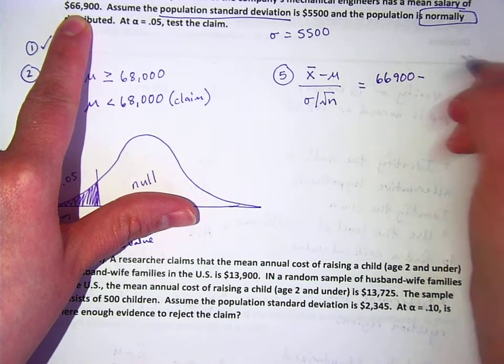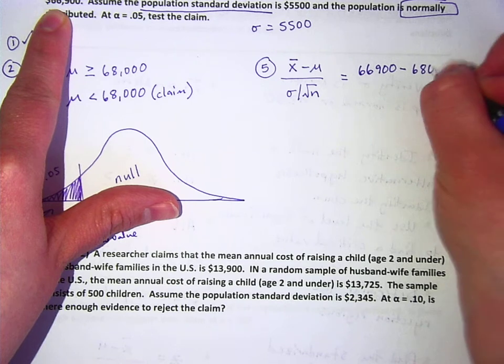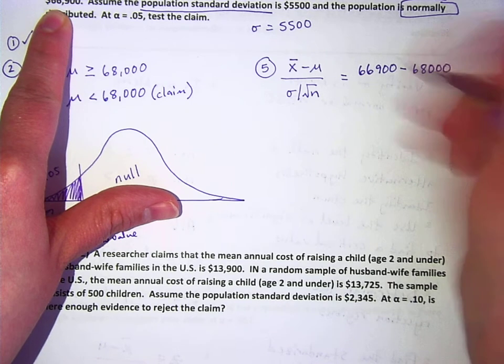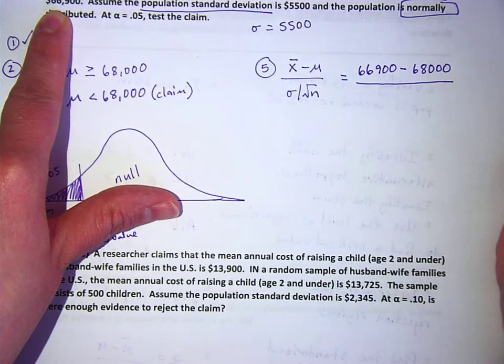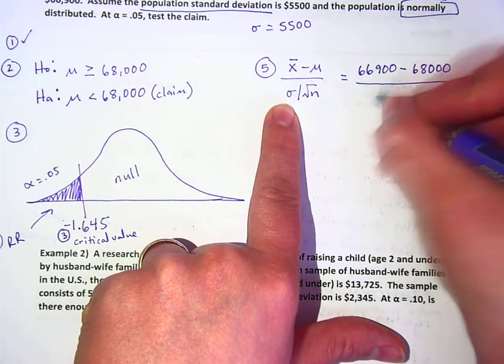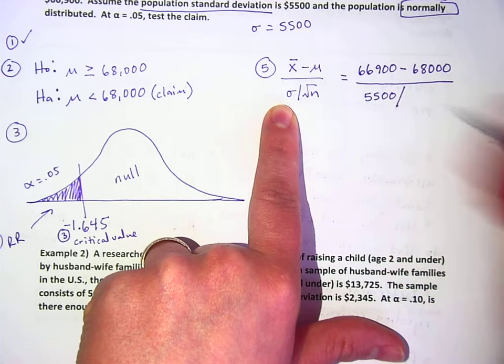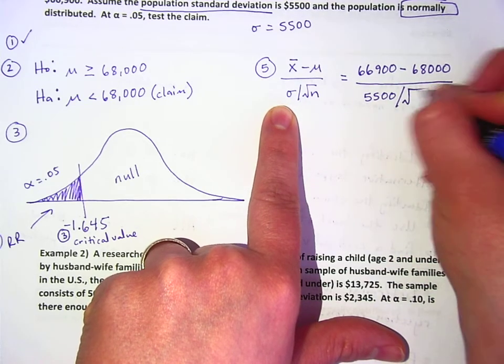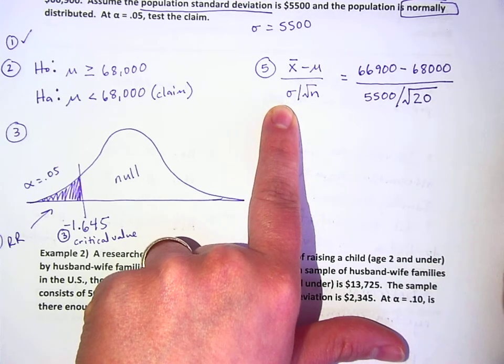The mu is what the claim was, which was $68,000. Then we're going to divide by the population standard deviation, which is 5,500, divided by the square root of n. What's n? 20. All right, so put this in your calculator.